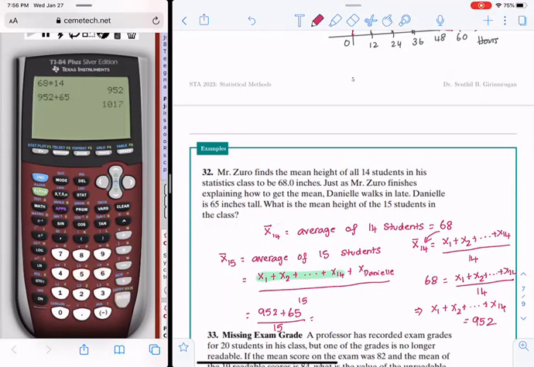So 1017 divided by 15. So the new average is 67.8. So the purpose of this problem is to compute the average using the average that you know previously. So we're using the average of 14 students and the new bit of information that we got from Daniel to get the average of 15 students.